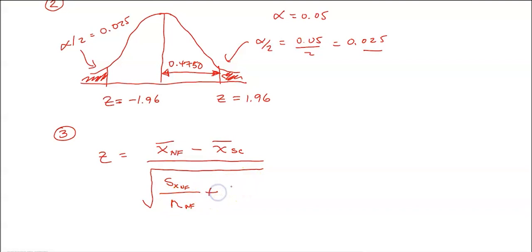And then we're going to add the same for St. Catharines over the sample size of St. Catharines. So you see the formula has changed a bit. Now there is one small detail that has to be added, and that is we actually square the standard deviation.